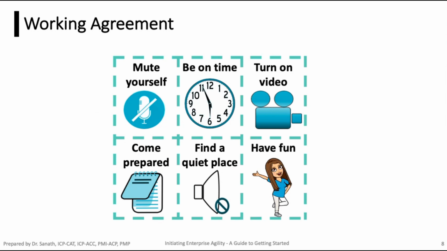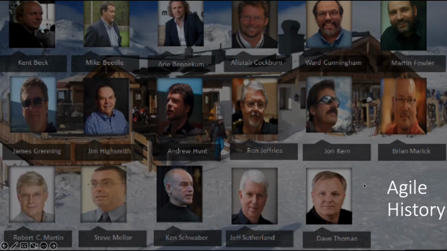Let's start with the real fundamentals. Where did this word agile ever been created? Well, officially speaking, it was coined in 2001. So ladies and gentlemen in this call, Agile is not that new, but it's not old either, right?